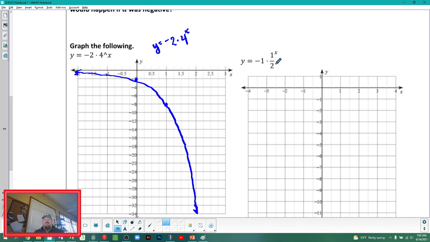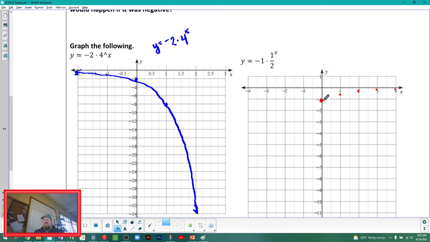We haven't dealt with 4 to the x yet. Looking at this next one, I have 1/2 to the x, which we've graphed. That was that original kind of decay graph, exponential decay. And so this one's going to be a lot similar. That if we plug in 0, we get 1, and 1 times -1 is -1. If we plug in 1, we get 1/2 times -1 is -1/2. and then 1/4, and then 1/8, and then 1/16. And those are all negative.